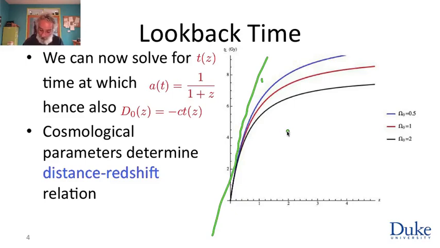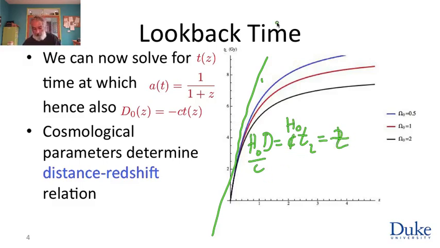And this straight line, of course, is the statement that the distance, which is c times the look-back time, I've made this the time from emission to the present, so I've flipped the sign of the time, but c times the look-back time is supposed to be related, if I multiply it by H0 over c, so I cross this out and multiply it by H0, this is supposed to give me z. And so the straight line here, they all have the same slope because I arranged for all of them to have the same present Hubble constant of 1 over 13.8 billion years.